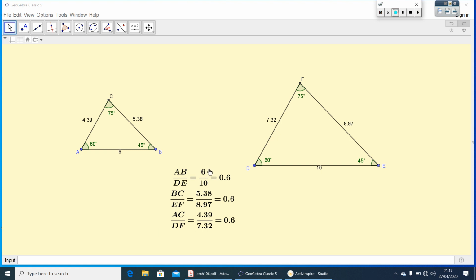That means here the corresponding sides are proportional. So we can say if corresponding angles are equal, we found the corresponding sides are in the same ratio. Therefore, these two triangles we can say they are similar.